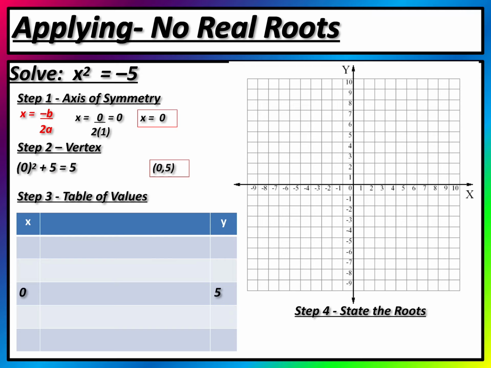And now we're going to go up two and down two for my other x values. So we're back to our tried and true -2 to +2 here. And we're going to evaluate all of those in x squared plus 5.